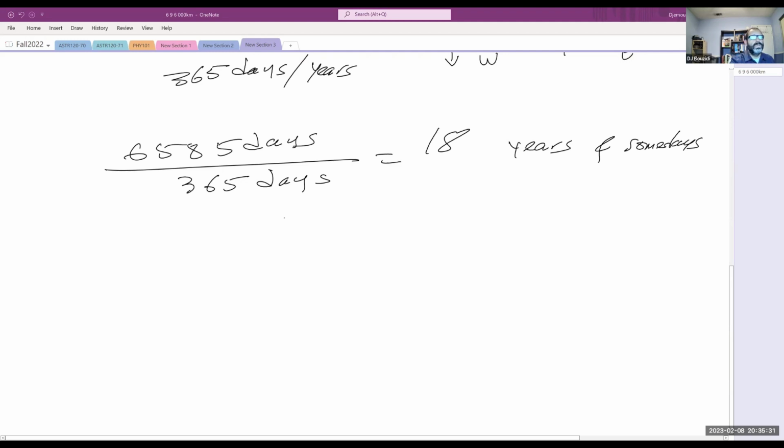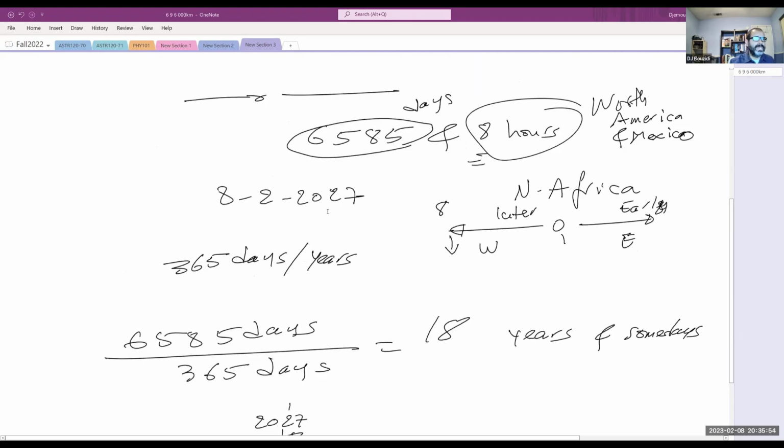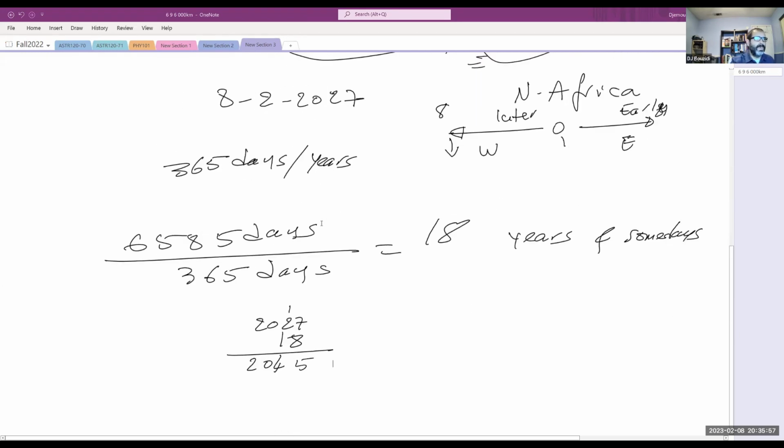So 18 years from 2027: 8 plus 7 is 15, 1 plus 2 plus 1 is 4, and then 45. So we know it's going to be sometime in 2045, according to the predictions. 18 years from 2027 is 2045. But we started from August 2nd, so we're going to go from August 2nd.